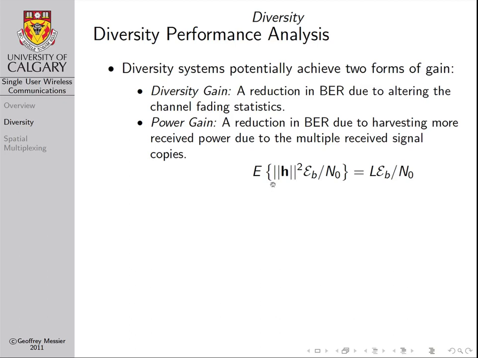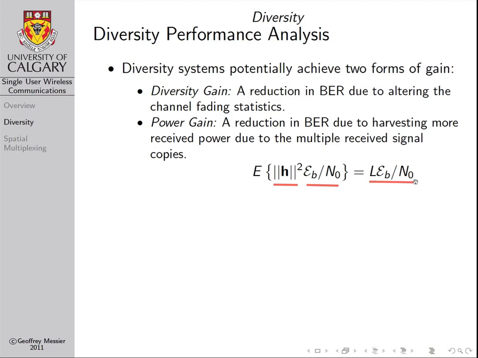Now, if we look at our signal to noise ratio, Eb over N naught, multiplied by the squared norm of the channel vector, if we take the average value of this, we find that we get the average signal to noise ratio multiplied by L, right?